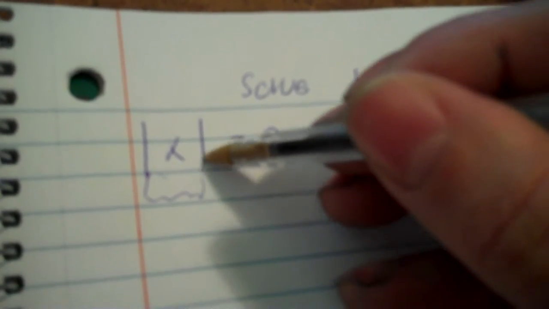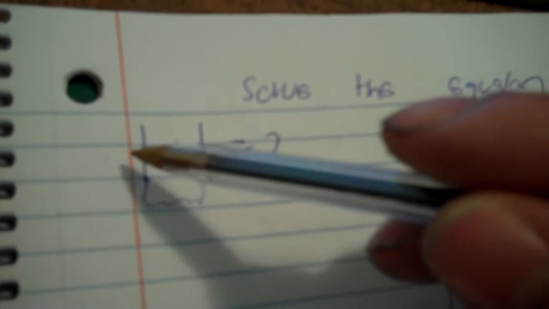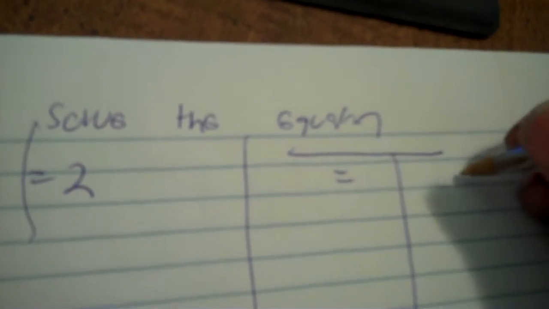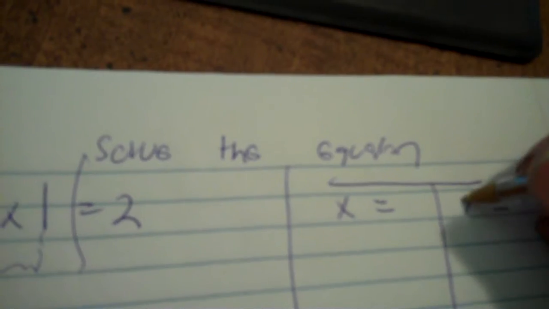So I have the absolute value of x equals 2. If I'm solving absolute value equations, first I'm going to make this dotted line here and make sure there's nothing outside the absolute value. There's not, so I make a table. I write equals out twice. The inside of the absolute value has just x, so x and x.